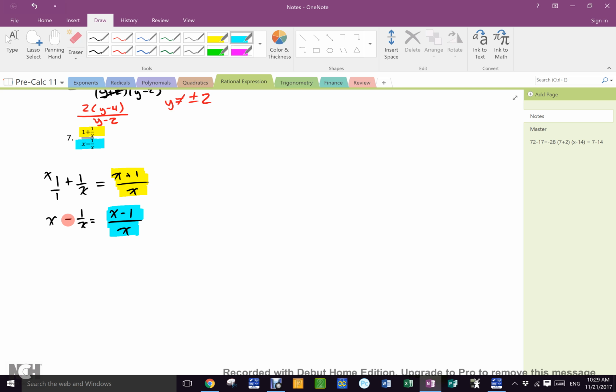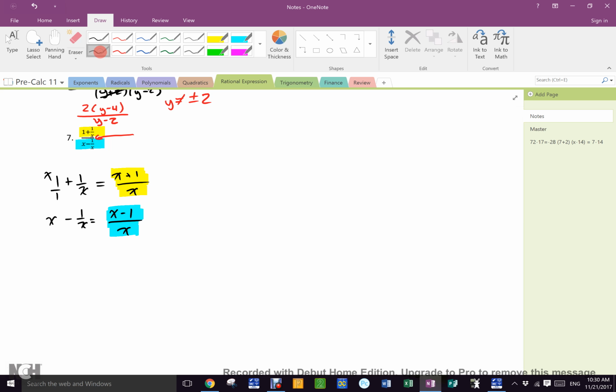All right. So now, the yellow one is over the blue one, yes? What math is happening at that line between the two? Division.